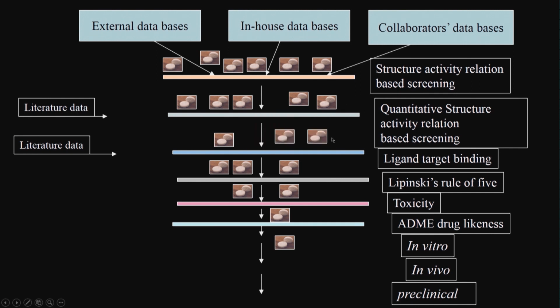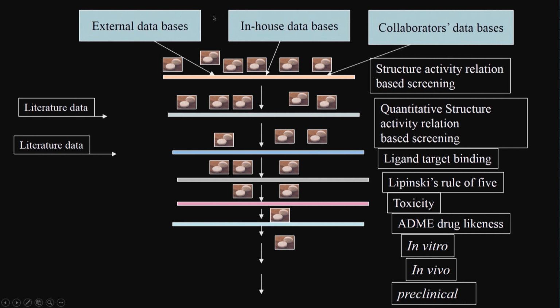After that, if I know the target, then I will bind all the molecules to that target and see which molecules bind well and which do not. So I will take those which bind very well. Then I will apply Lipinski's rule of 5, I will apply toxicity rules, I will apply ADME drug likeness rules, and then keep removing compounds which don't seem to satisfy, and then finally come up with maybe hundreds of molecules.